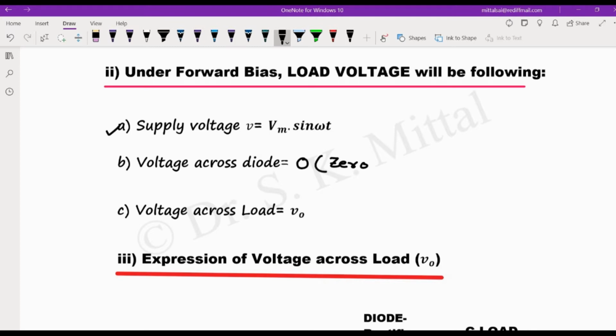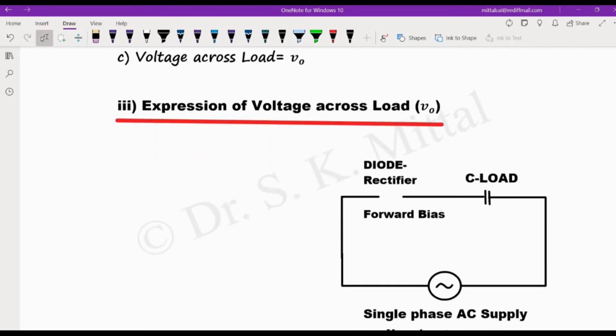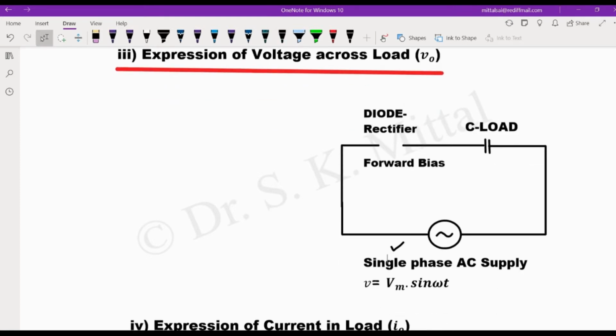If the output voltage is expressed by V0, then we can calculate the expression for output voltage in the following way. We have connected a single phase AC supply represented by V equals Vm sin omega t. Under this situation the diode is forward biased and represented by a short circuit, and the voltage of the diode Vd at this time is equal to 0.